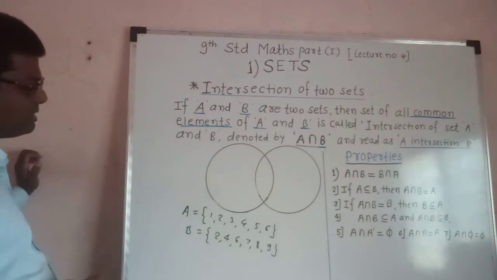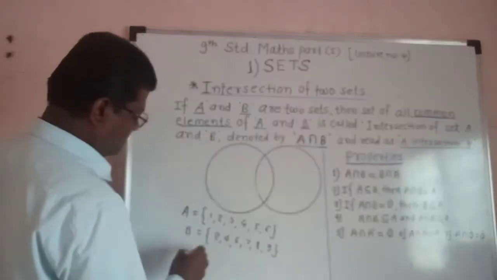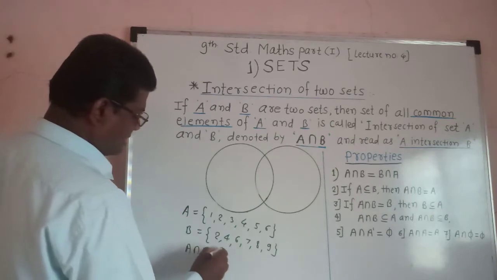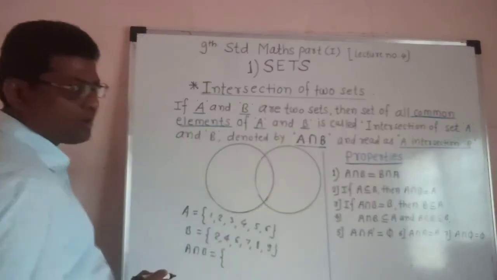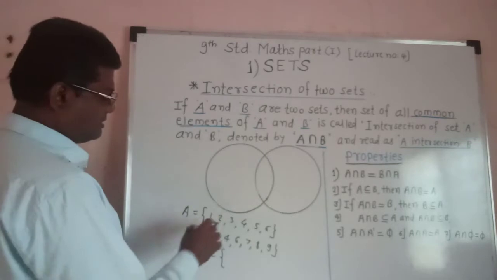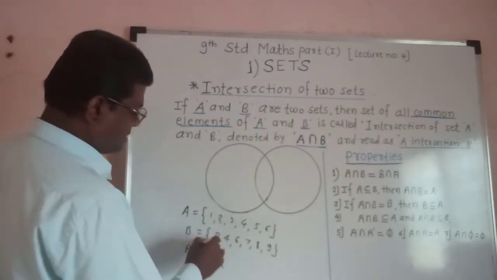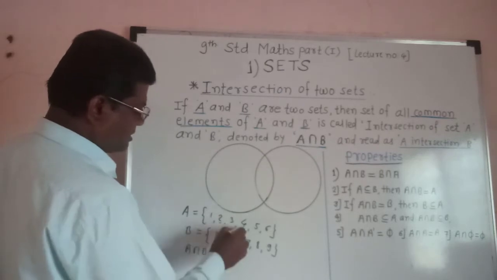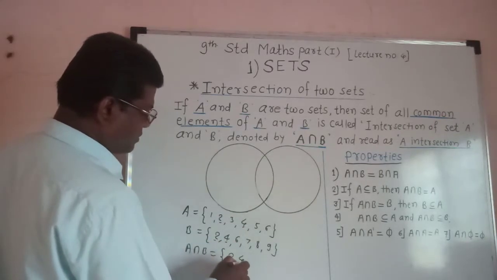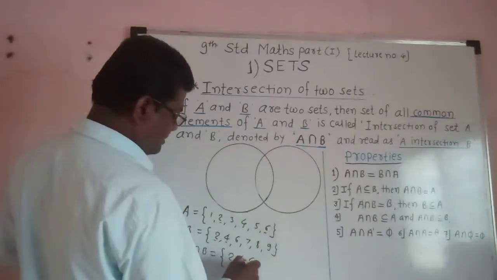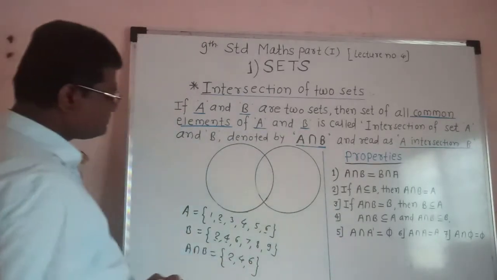Let us see the common elements of set A and B. That is, we call A intersection B. A intersection B is the set of common elements in set A and set B. The common elements are 2, then 4, then 6. These elements are common elements.